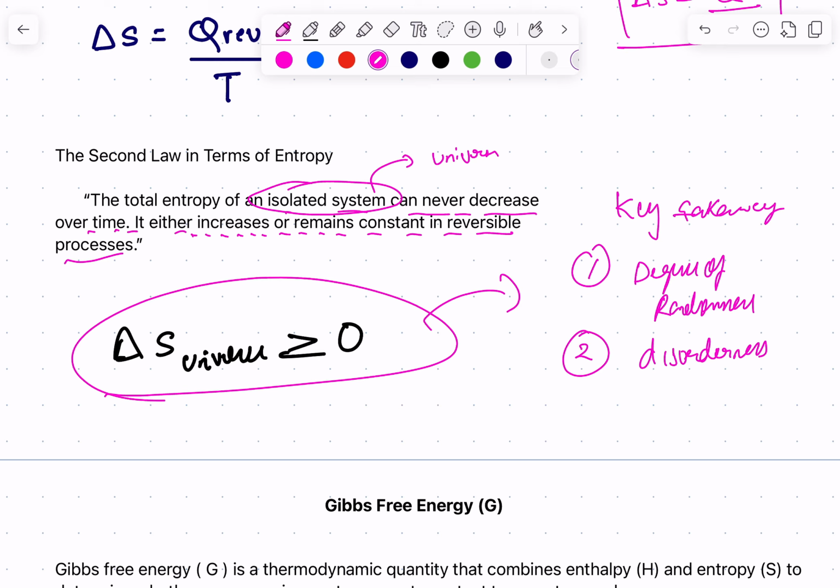Which one has more entropy? Zohit, are you sleeping?